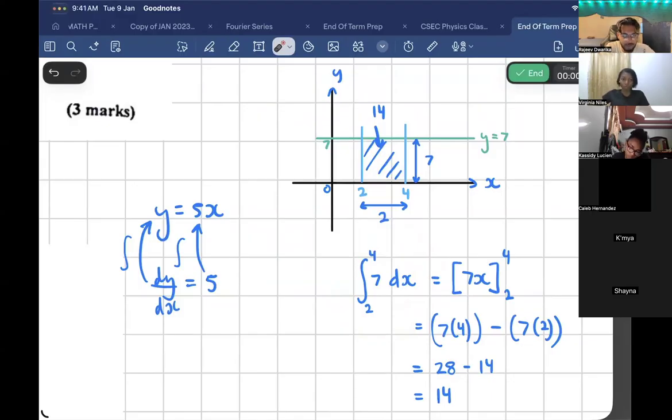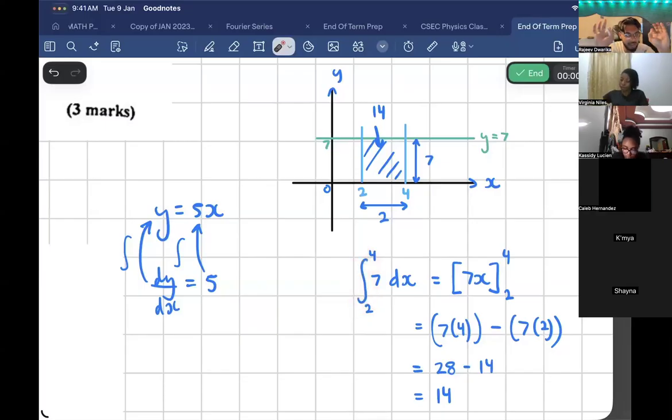Okay, so just one more question. The symbol itself is to show the distance between the two numbers. You could think of it like that, but what it really is, it's the change in x.